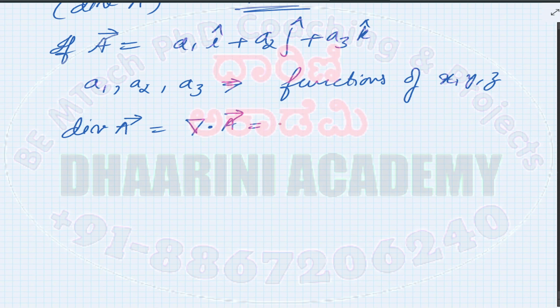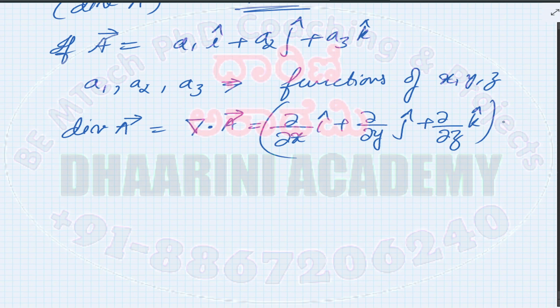What is del? Del is dou by dou x into i cap plus dou by dou y into j cap plus dou by dou z into k cap. This is del dot, and let me write the a vector below this: a1 i cap plus a2 j cap plus a3 k cap.